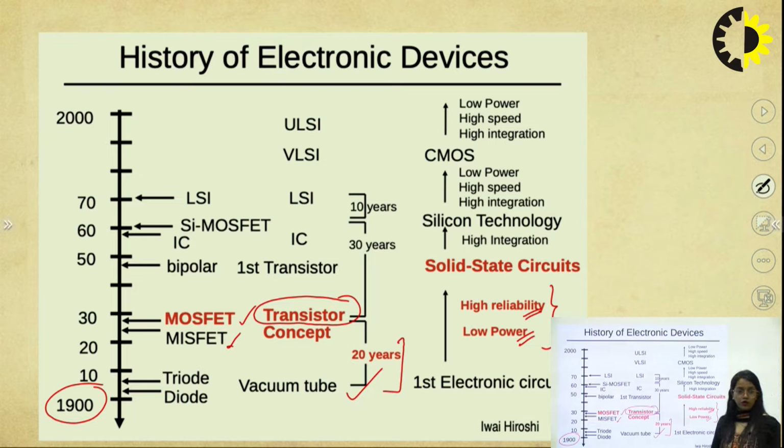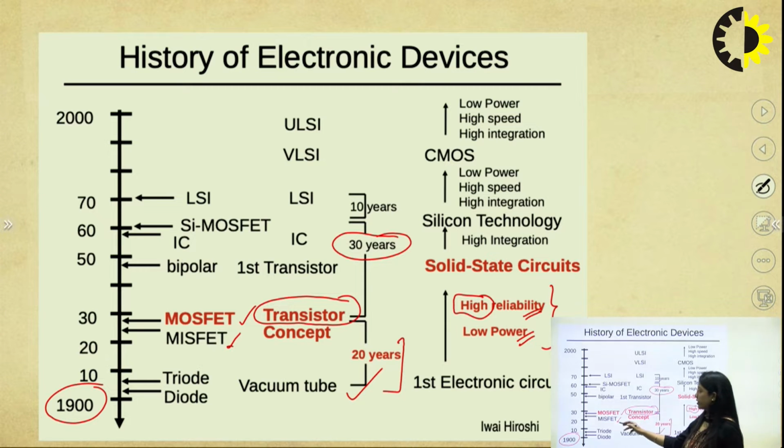This is what we want. We want our circuit to consume less power and dissipate less power, and at the same time we want it to be highly reliable. Again, it took another 30 years to switch from the most primitive transistor to BJTs, which are bipolar transistors.